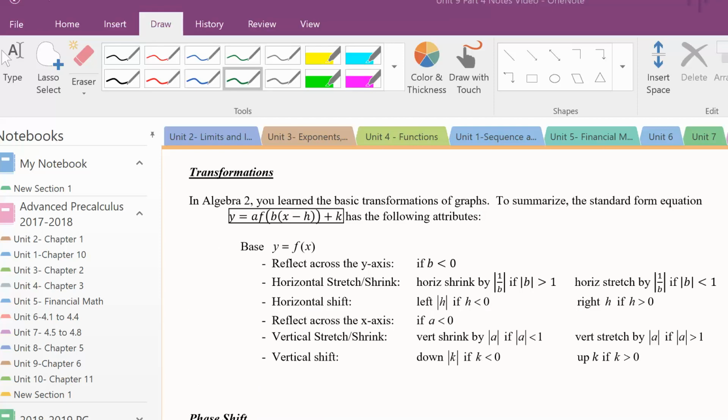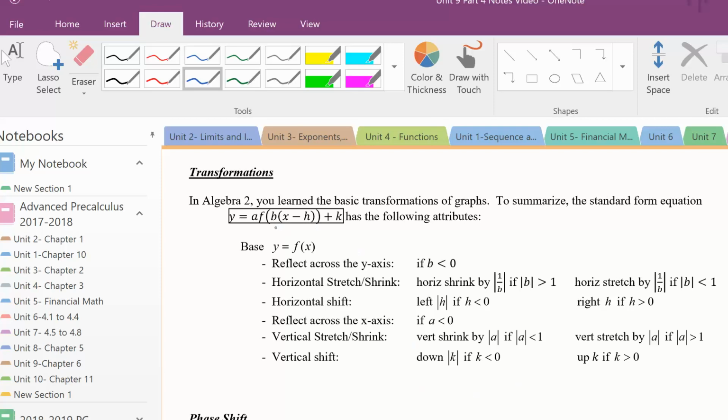All right, so from your work last year, remember there are certain transformations that you need to look for. For example, if you look at the function, the number in front that's multiplied by the function is the a term, and that is going to make it a reflection across the x-axis if the a is negative.